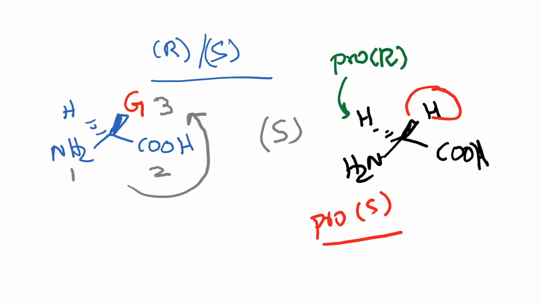Okay, now what about faces? These are already tetrahedral centers, but what about sp2 hybridized centers, which we are going to deal with? These are called enantiotopic faces.